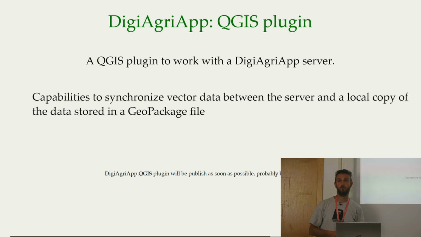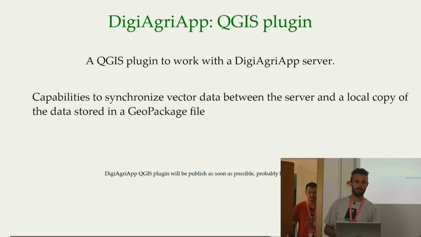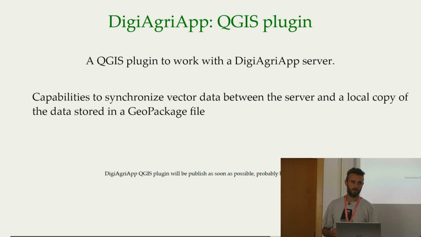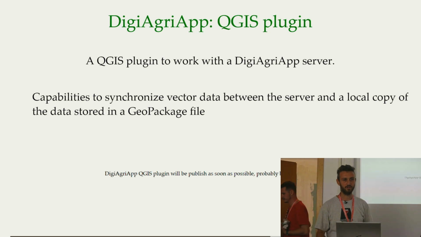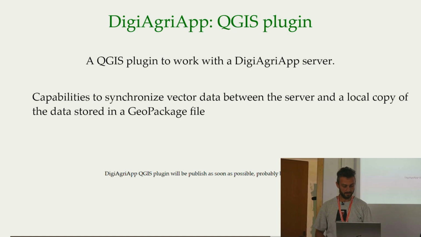And you can also upload rasters. For example, if you fly a drone, you can import the raster in QGIS and afterwards import it to the server with the plugin. Another idea that I have is to develop something in WebODM or OpenDroneMap, but it will take a while, because I want to finish this plugin and the server and all the rest first, and after that continue with other ideas.